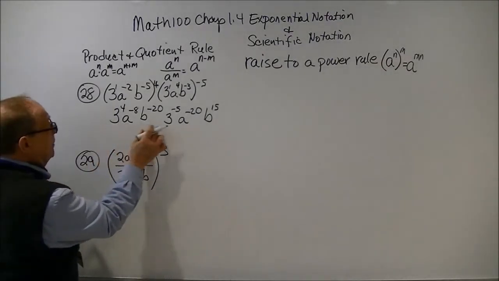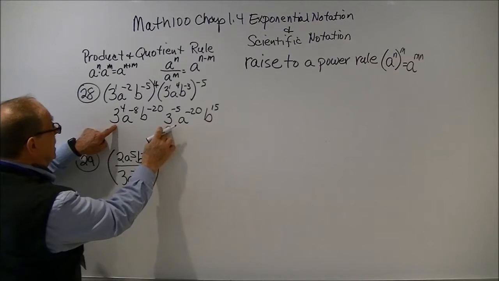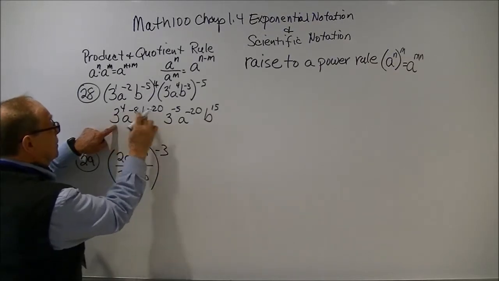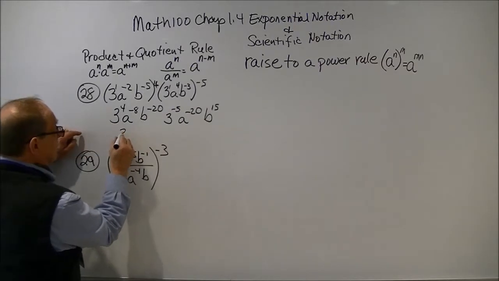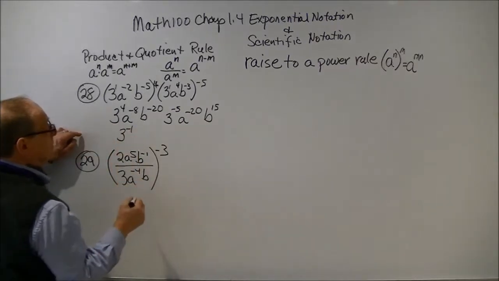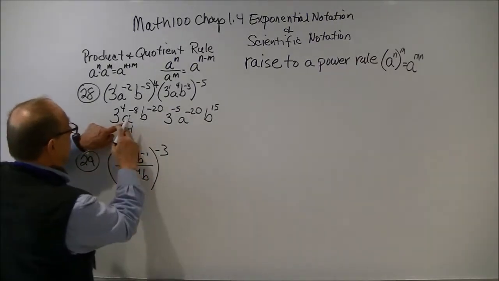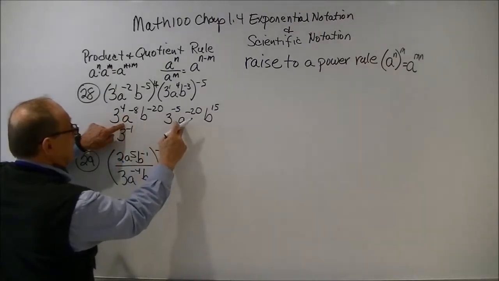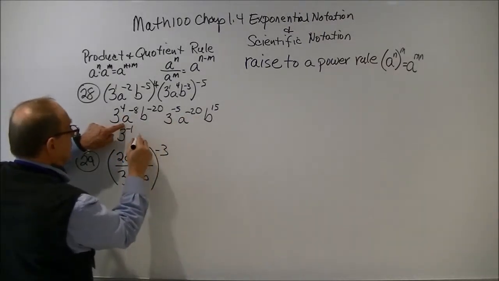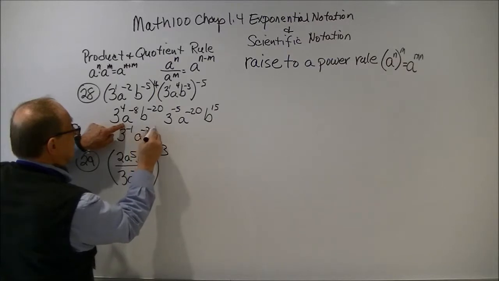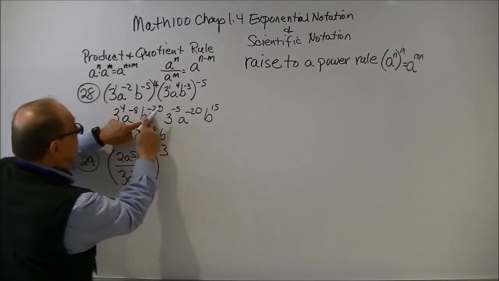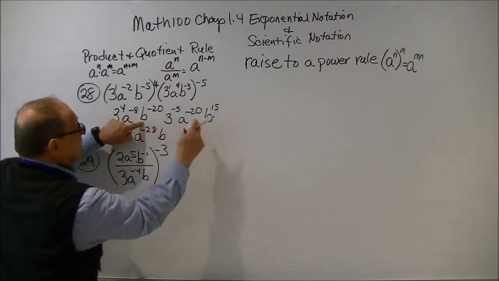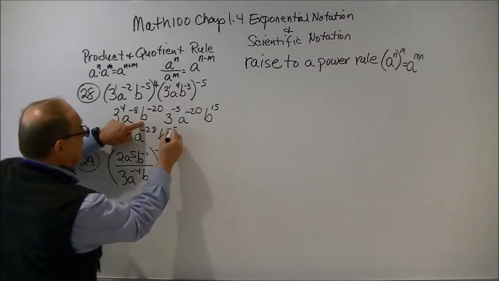So what do we have here? Well, we've got the same bases. This is a +4, this is a -5. So this is going to be 3 to the -1. Now we have A to the -8, A to the -20. That becomes A to the -28. This becomes B, -20 and a +15, a -5.